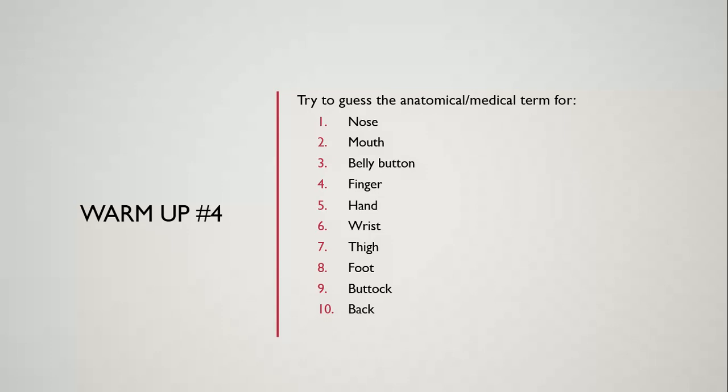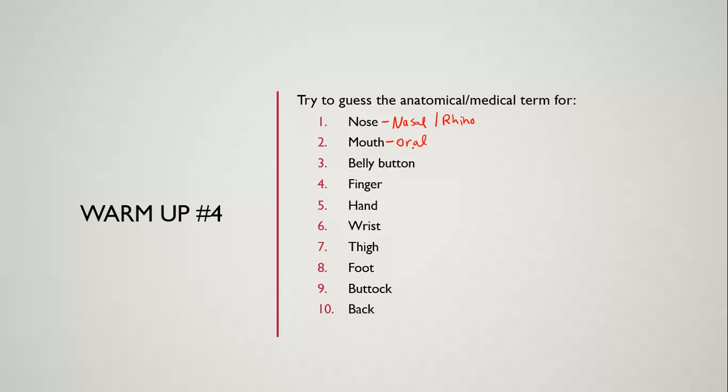Okay, so I'm assuming that you've gotten your answers, so let's go ahead and go through these. If you did the summer assignment, you shouldn't even have to guess, but maybe you forgot. All right, so nose, we use the word nasal. Now, you may see sometimes that they use the prefix rhino, like a rhinoceros, like rhinoplasty, but we're not going to really use that too much, but that is used medically. For mouth, we're going to use oral.